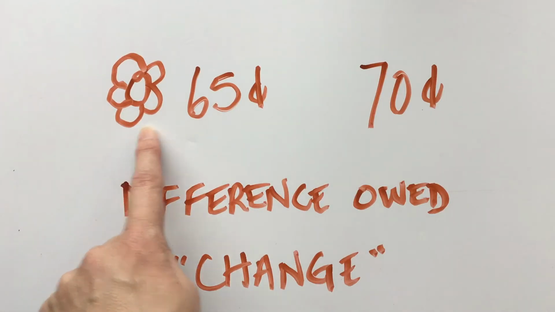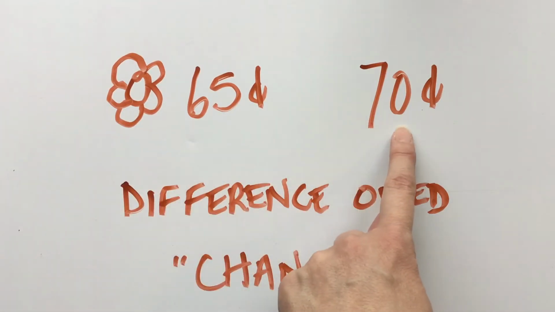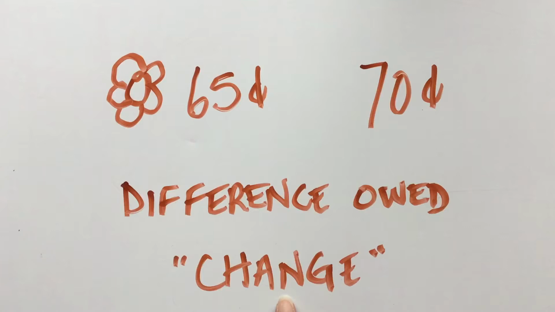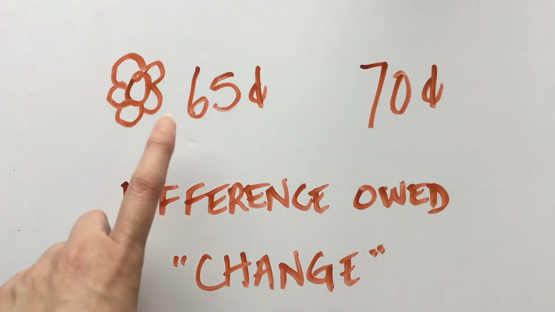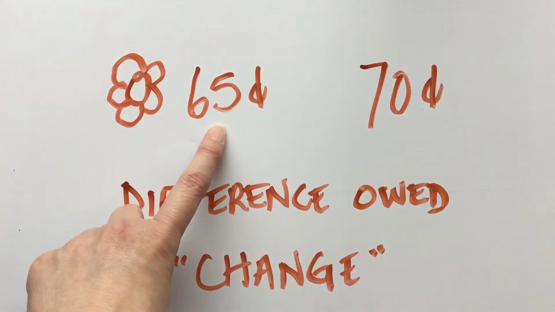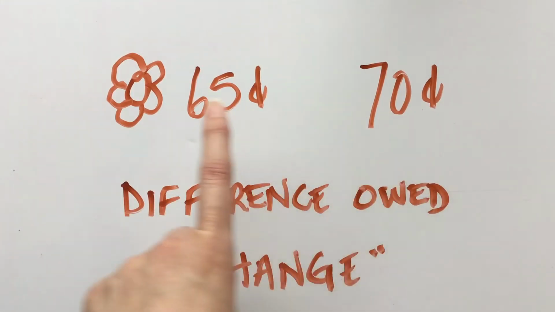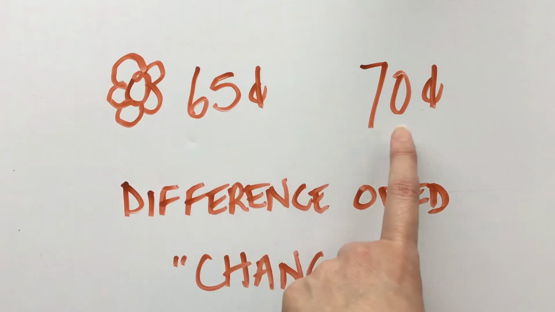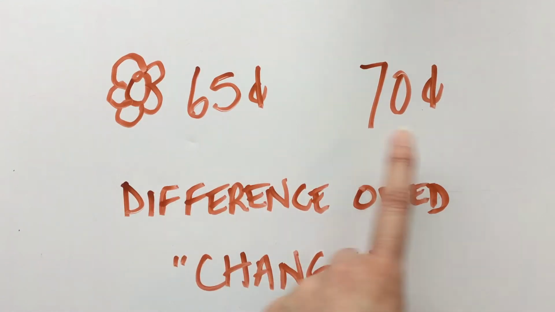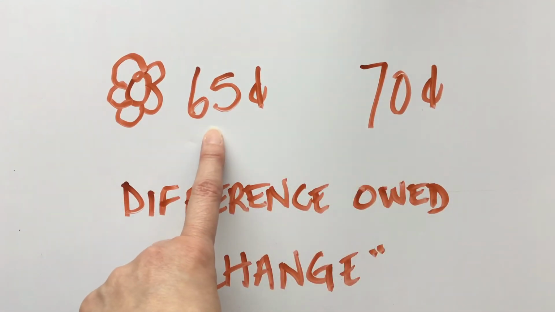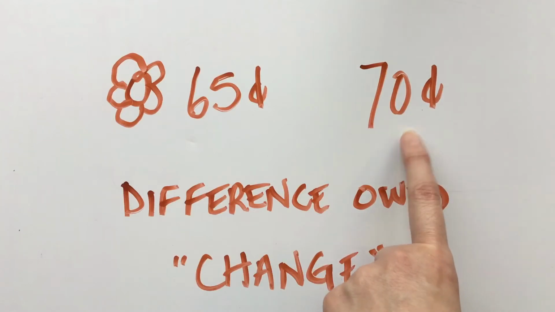I want to buy this flower. It cost 65 cents, but I paid 70. What is my change? Well, we're going to figure this out in our head. We're going to ask ourselves, can I count by 25 cents to get to this number? No. Can I count by 10 cents to get to this number? No. But can I count by 5 cents to get to this number? Yes, I can.